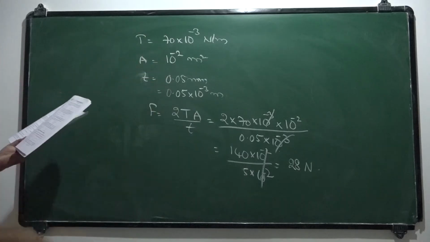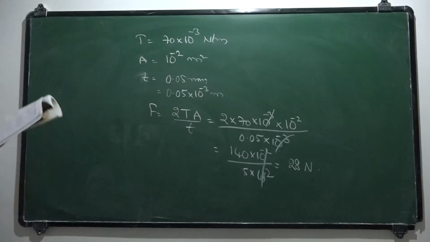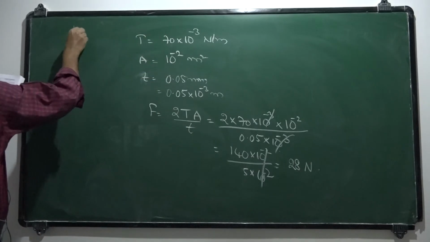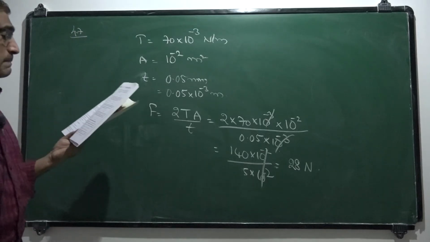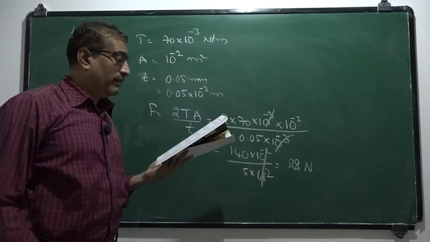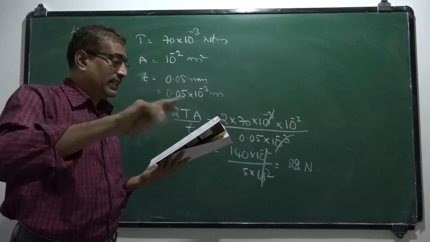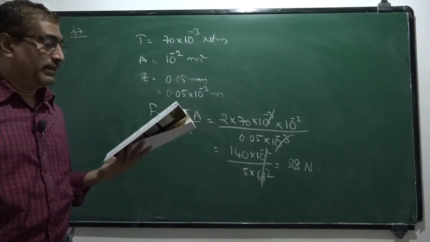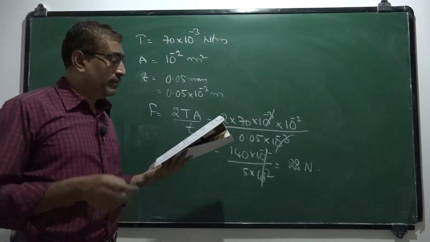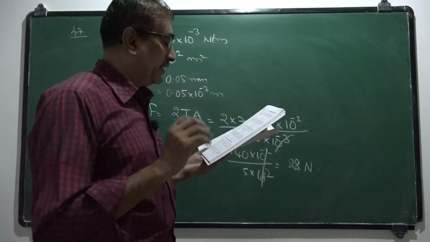Similar type, another one, 47. A drop of liquid pressed between two glass plates spreads into a circle of diameter 10 centimeter. Thickness of the liquid film is 0.5 millimeter and the surface tension of the liquid is given.